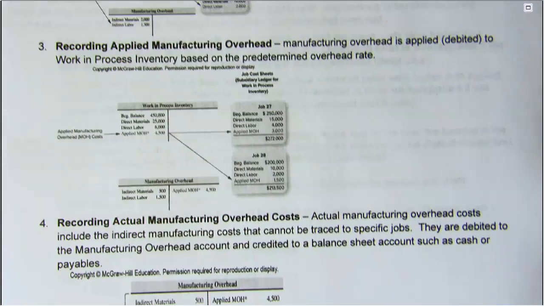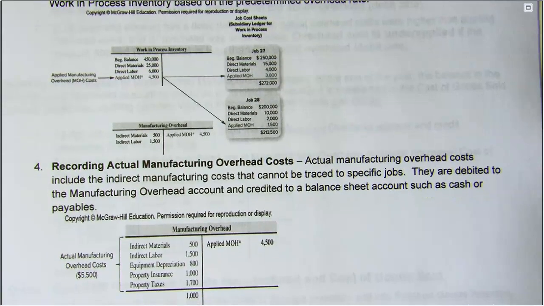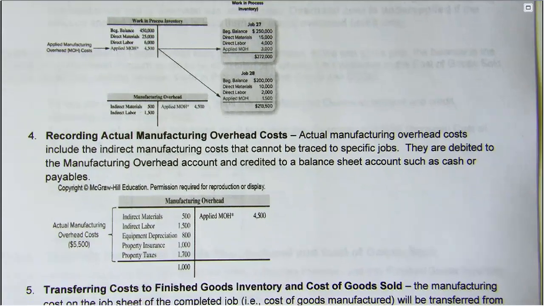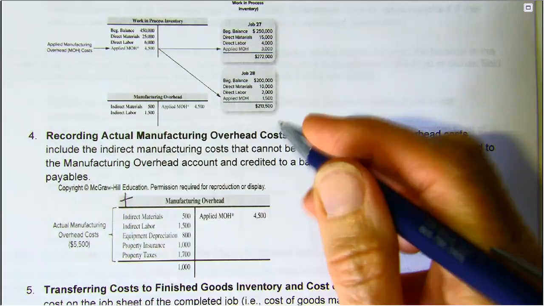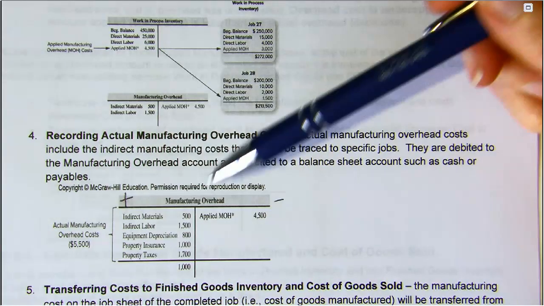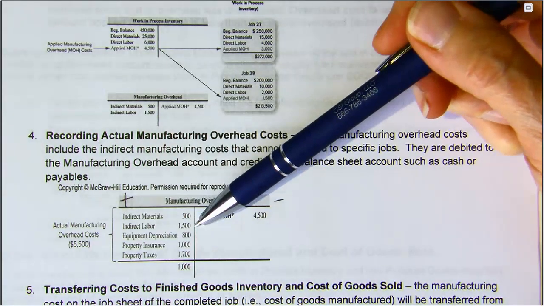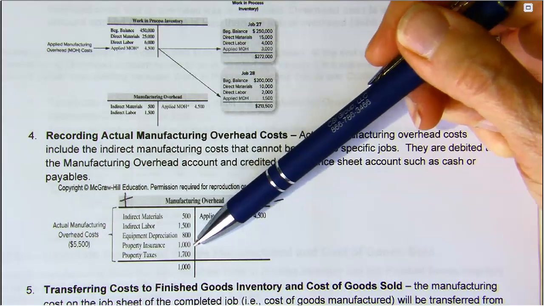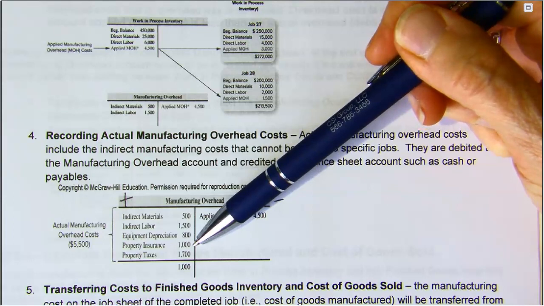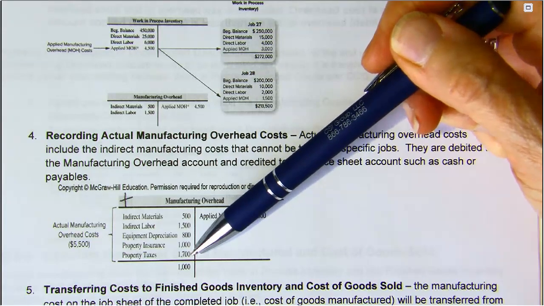Now, while manufacturing overhead is being recorded for things that cannot be traced, we would be debiting to increase the manufacturing overhead account for things such as indirect materials, indirect labor, depreciation on factory equipment, property insurance on the factory, property taxes on the factory.